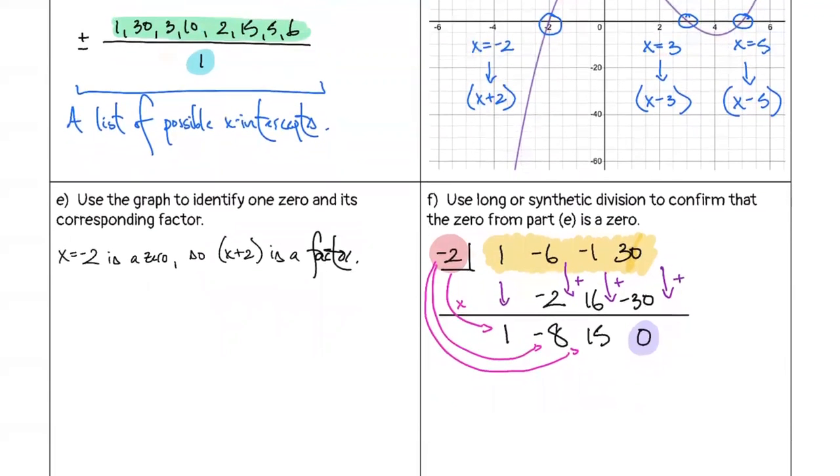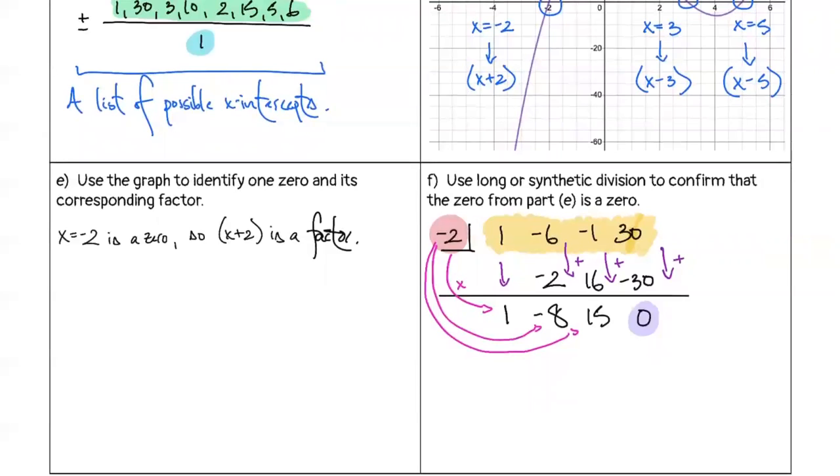This also means that we can write our f of x as x plus 2 times, what's the other factor? x squared minus 8x plus 15. Good. We're grabbing that quotient line, right? That goes right there.